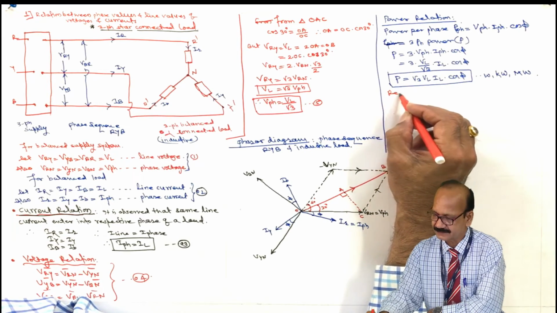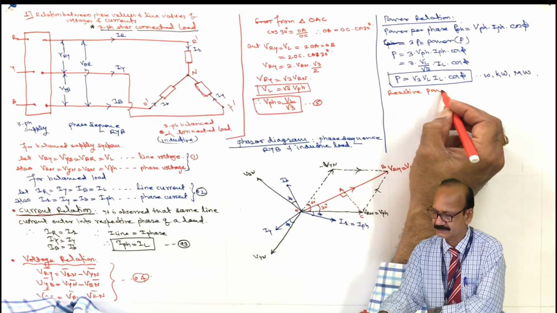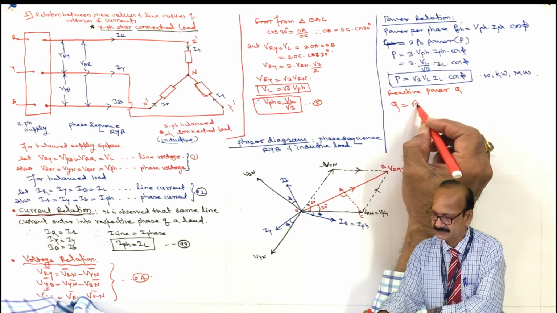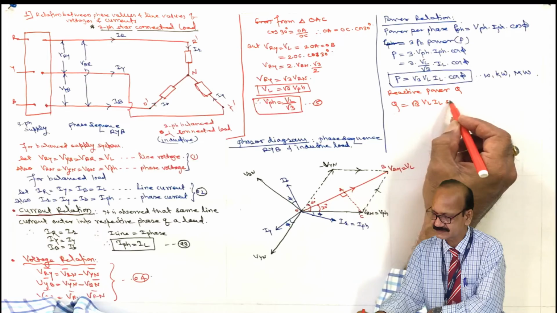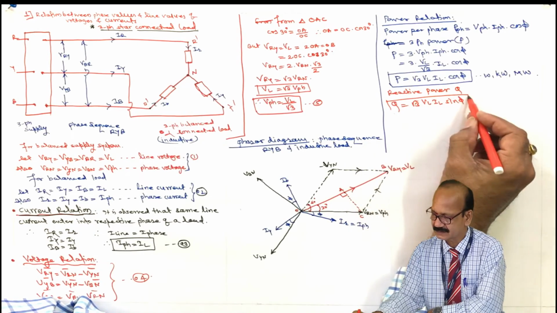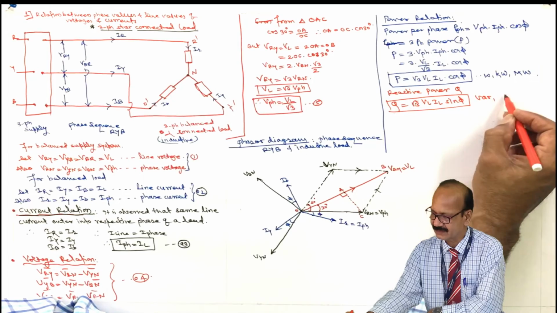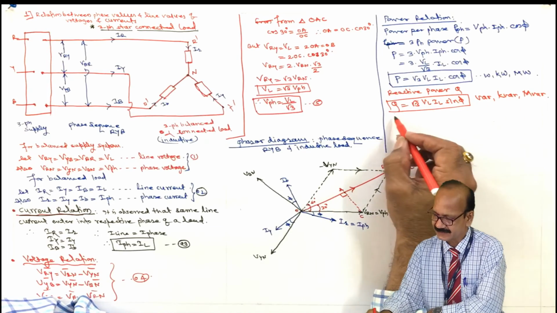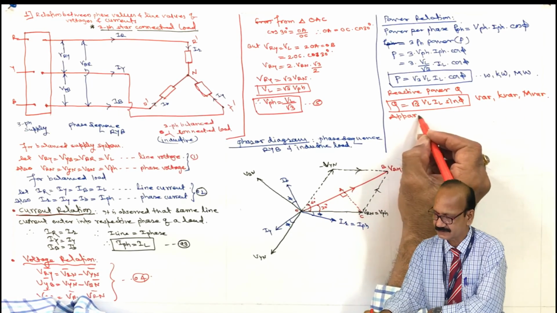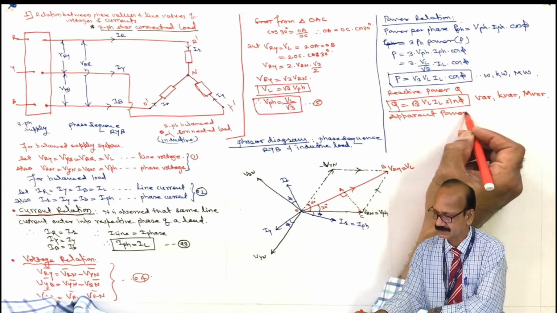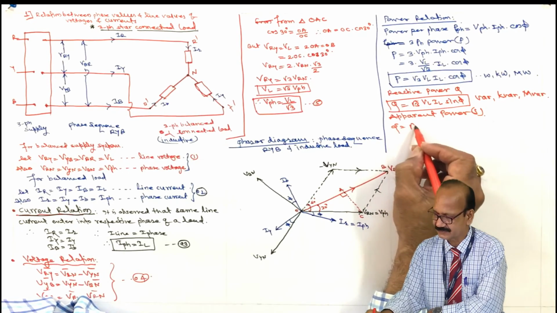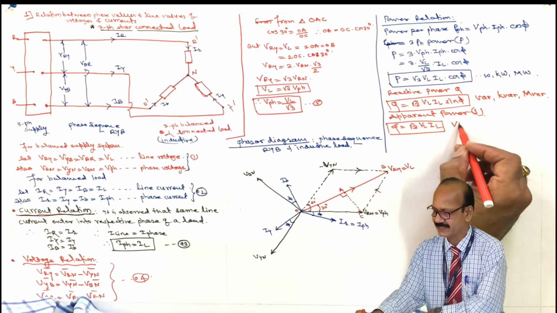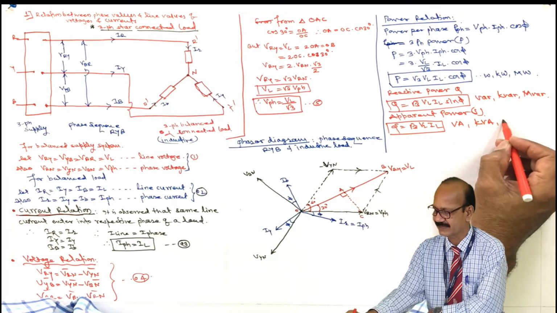Similarly, the reactive power Q. Q equal to root 3 PL IL sin phi. Unit is VAR or kVAR or MVAR. Then the apparent power S. So S equal to root 3 PL IL. Unit is VA or kVA or MVA.